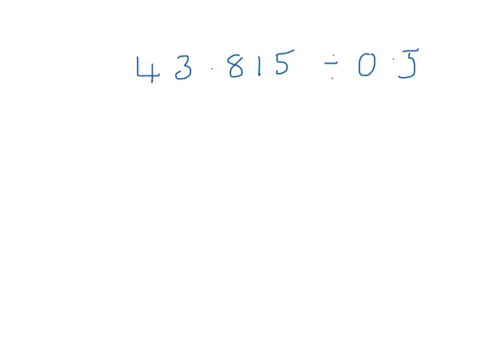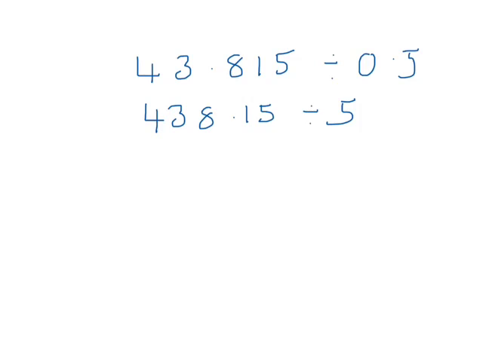Okay, what is 43.815 divided by 0.5? I don't want to have to divide by a decimal, so I'm going to make that a whole number by multiplying it by 10, which is fine as long as I multiply this by 10. So it becomes 438.15 divided by 5.